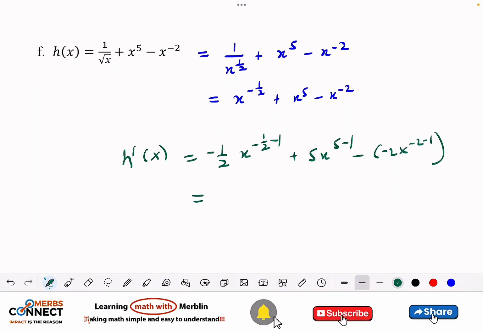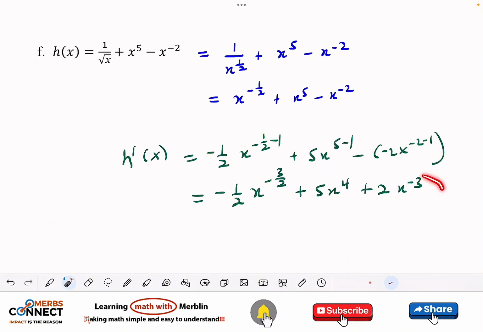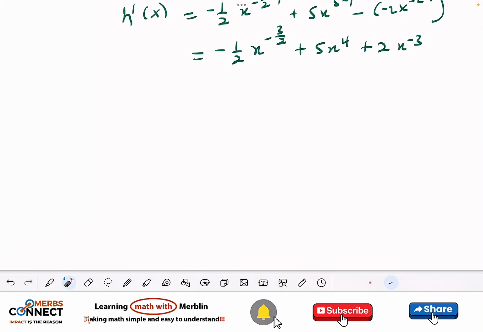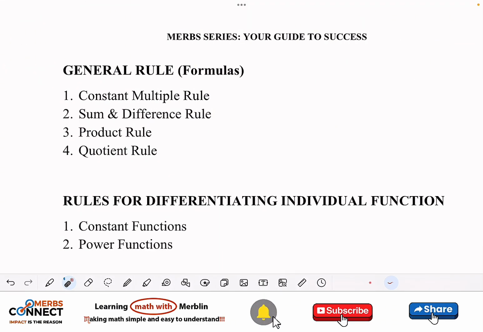So this is going to give us x to the power minus 3 over 2, plus 5x to the power 4, plus 2x to the power minus 3. So this will be your final result. If you want to simplify it, you can just go ahead and simplify this.